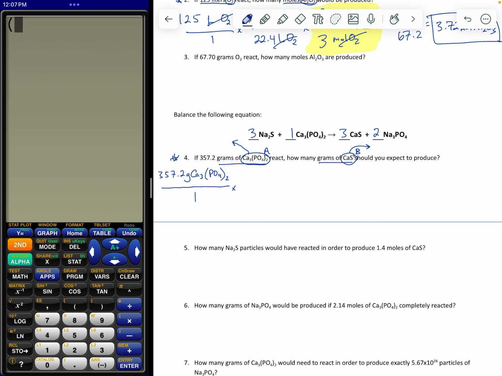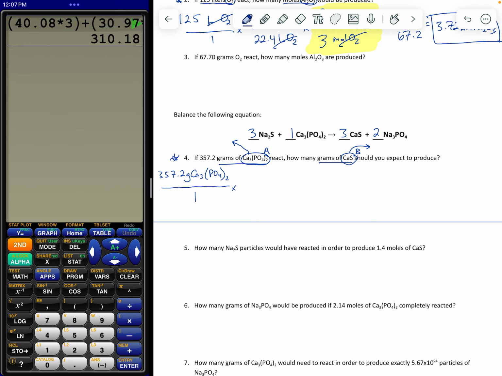We have calcium, which is 40.08 grams times 3, plus phosphorus, which is 30.97 times 2, because there's 2 of those phosphate groups, plus 16 times 8 because of the 2 phosphate groups.